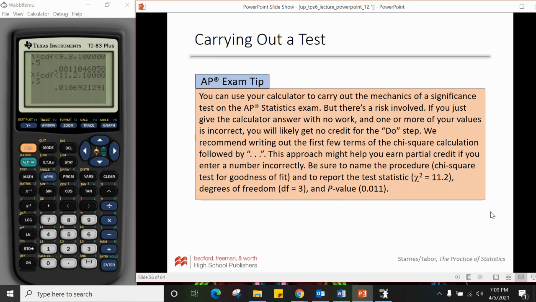And then be sure to name the procedure, here chi-squared test for goodness of fit, and to report the test statistic, degrees of freedom, and p-val. These final three things are the most important to do. I would highly encourage you to show your work, but if you don't have these three numbers, then you're not going to get full credit, guaranteed. All right.